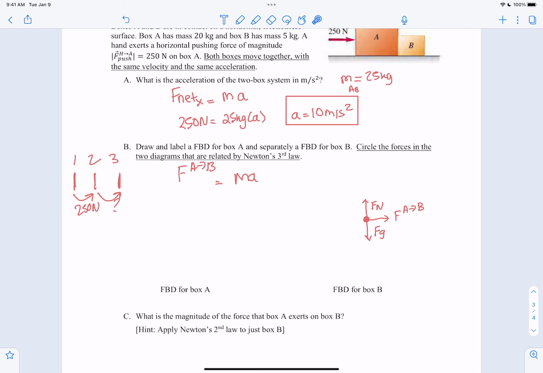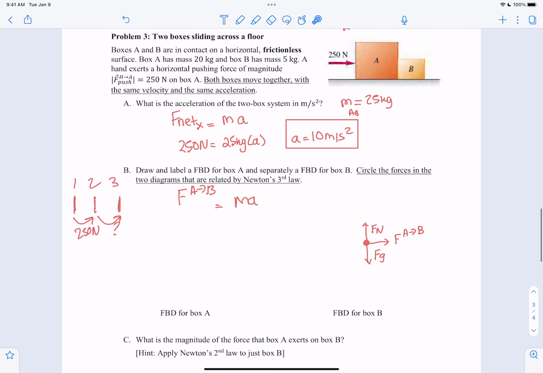And the acceleration it feels should be the acceleration that the two-box system was pushed with. So when I'm looking at A to B, I want to figure out what force I feel from A, right? My perspective based on my mass, my characteristics. Does that make sense?